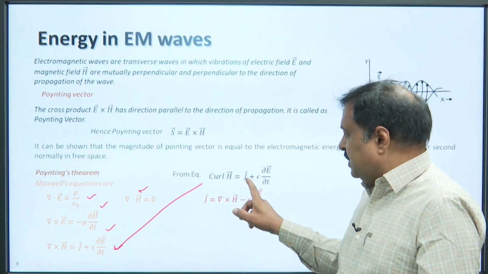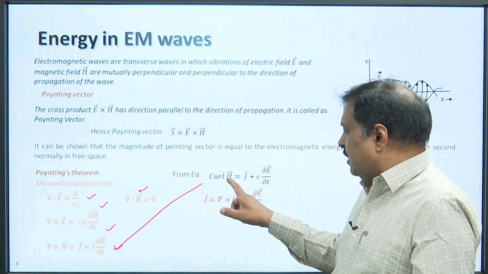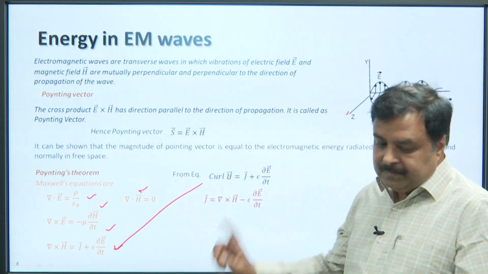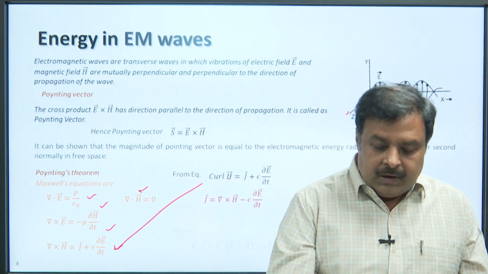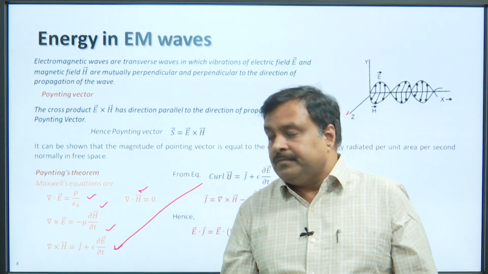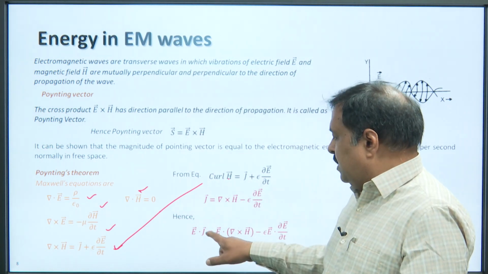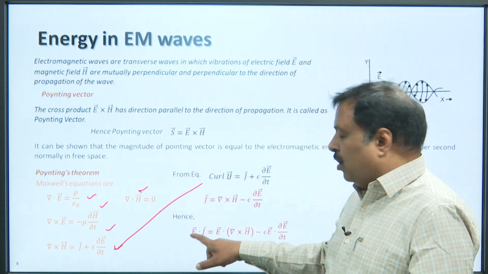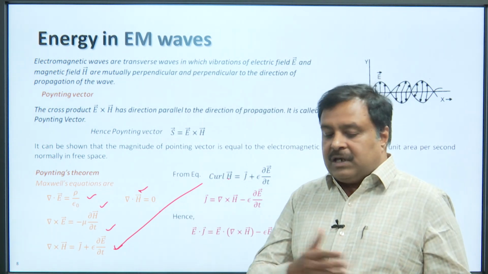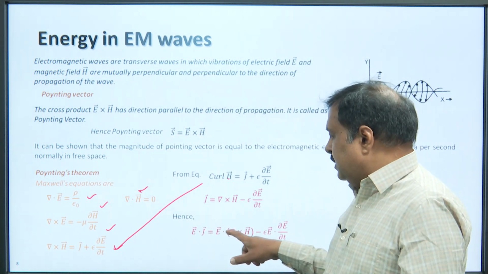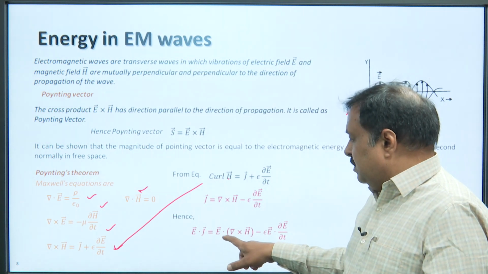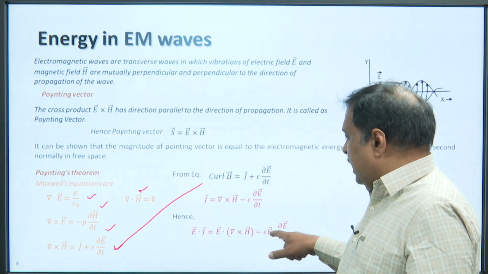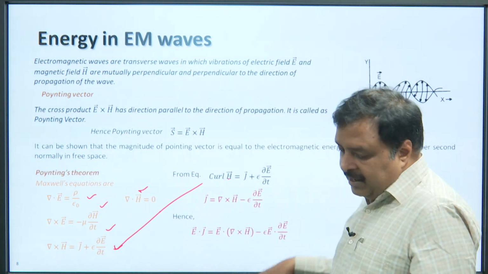We can obtain J equal to curl H minus epsilon delta E by delta t, and then take dot product with electric field E, E dot J, on both sides. In the right hand side we will have E dot del cross H minus epsilon E dot delta E by delta t.